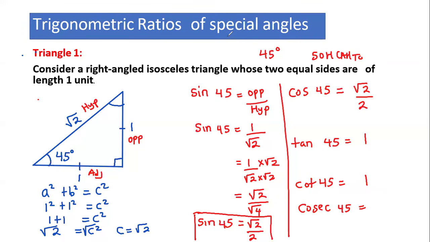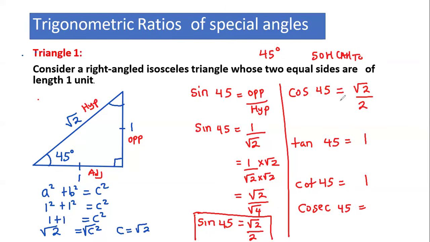Never write decimals. The reason why we call them special angles is because you can get an exact value. One of the angles where you can get an exact value is 45, for whatever trigonometric ratio you are dealing with. So here we don't write decimal points, but we write that exact value you obtain.